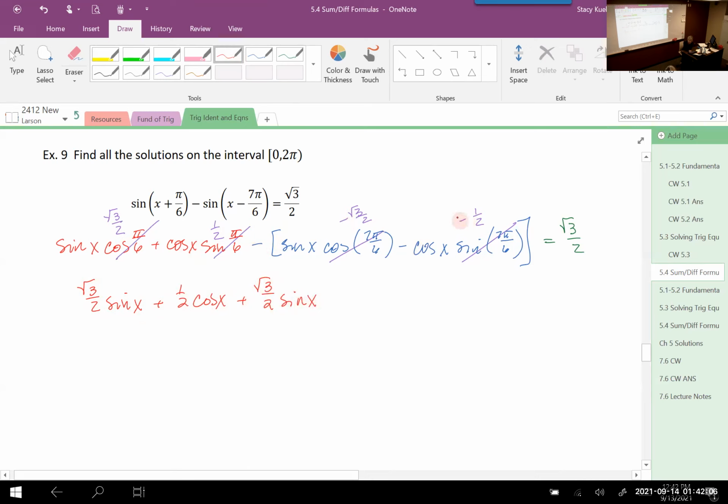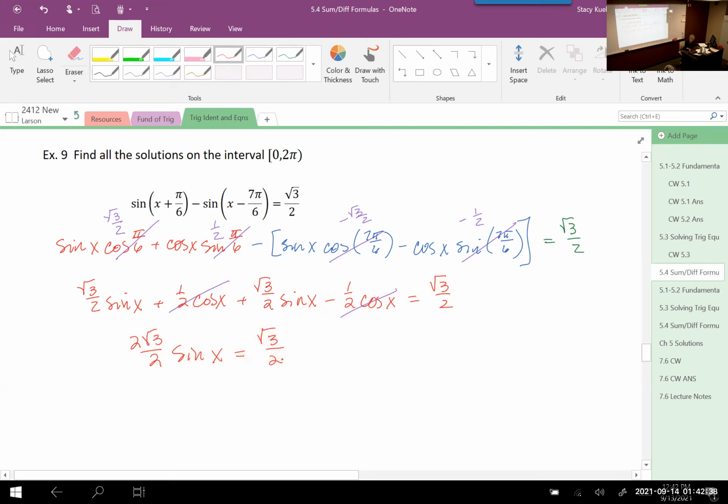I have 3 of them. So wouldn't that be minus again? Yep, minus 1/2 cosine x is equal to the square root of 3/2. So the cosine x's cancel, leaving me with 2 square roots of 3/2 times sine x is equal to square root of 3/2.